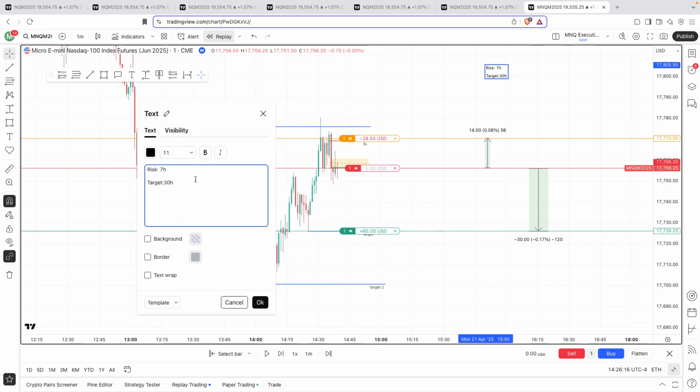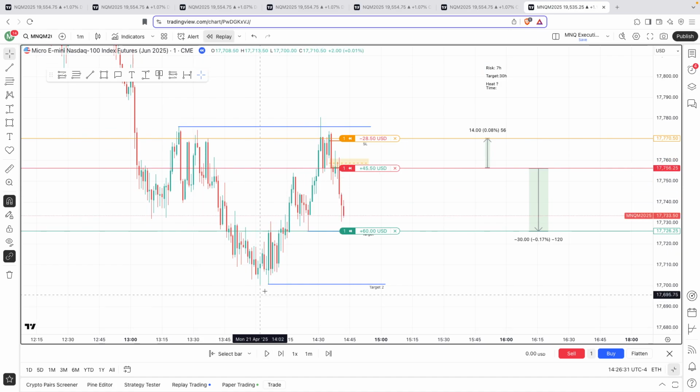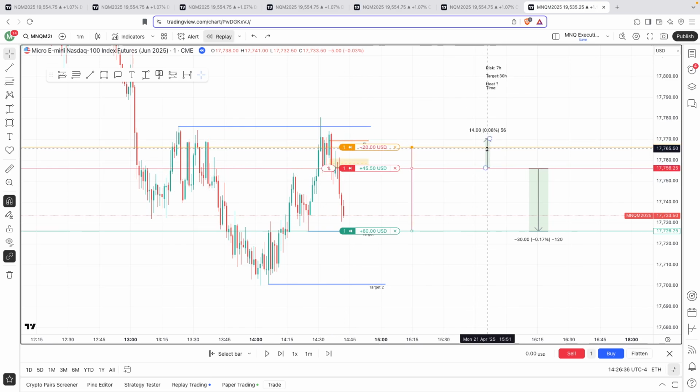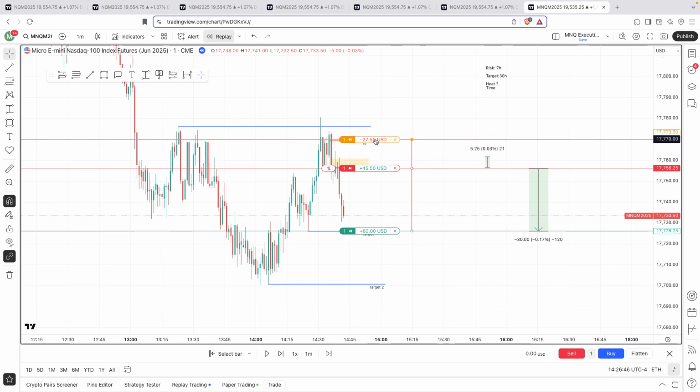And let's see how much heat we're going to accumulate and how long it takes. So we see that heat we accumulated, sorry, 5 handles.